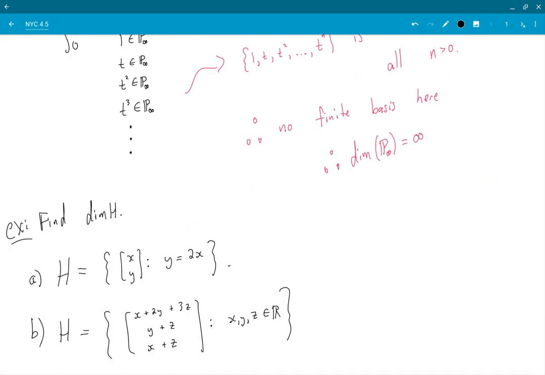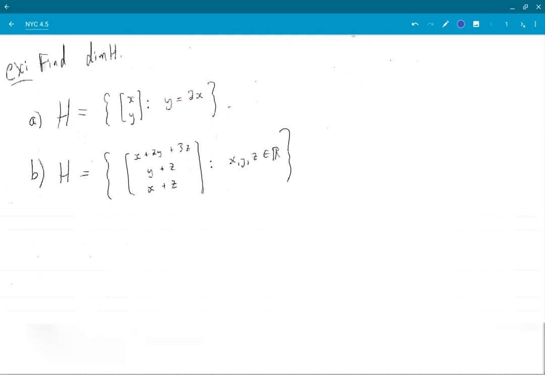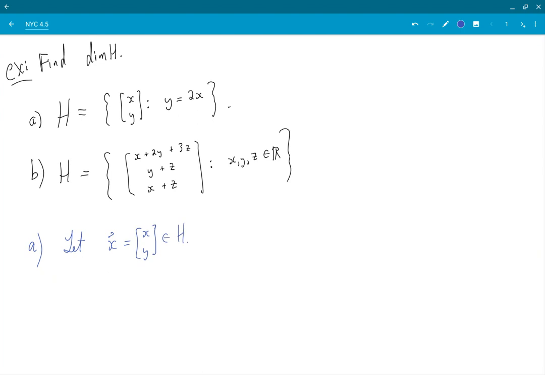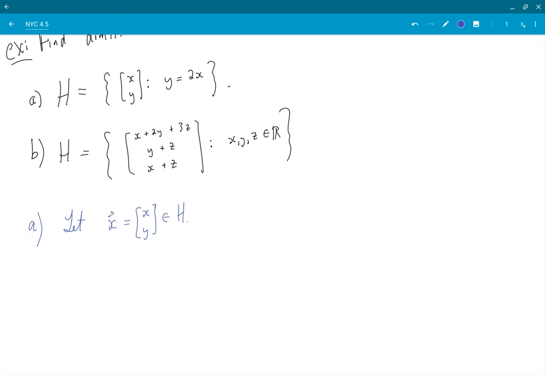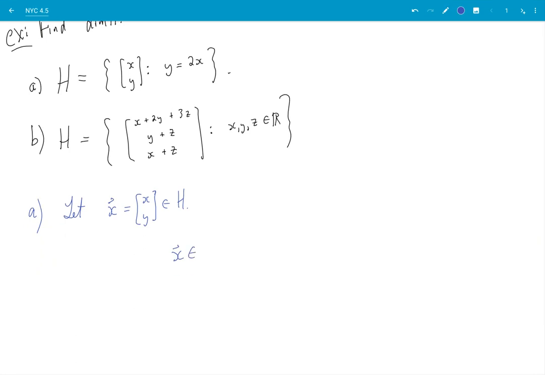So pause and copy. I want to find the dimension here. What I should do is first of all find a basis. So let's do a technique which I will do a lot in the coming lectures. I assume that I have something in H, and then I start a little argument.